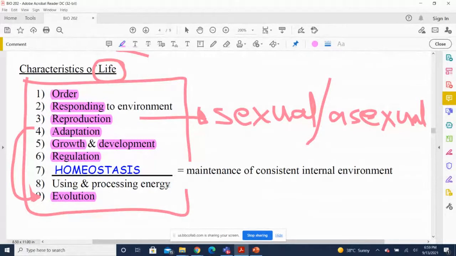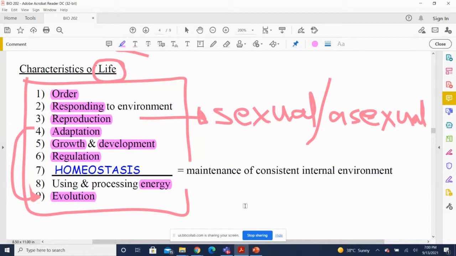The other thing that I have here is that living forms get energy, process it, and use it for something. We get energy by eating things and utilizing those nutrients, the chemical energy that's stored in the food that we eat.